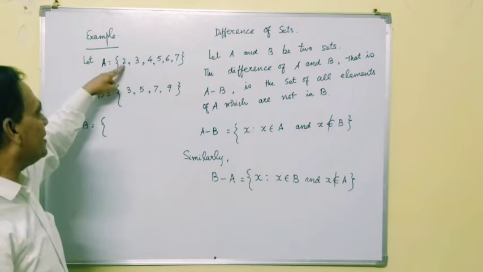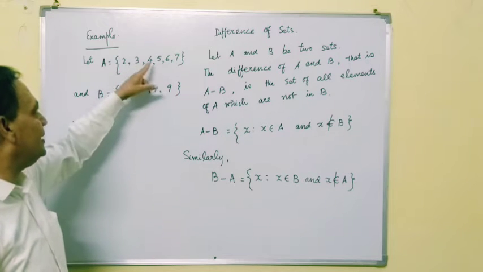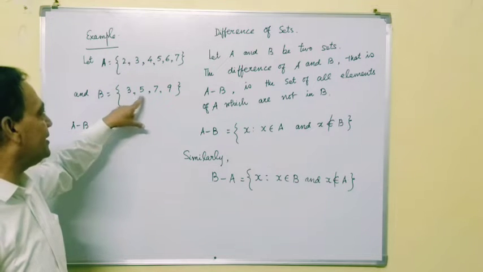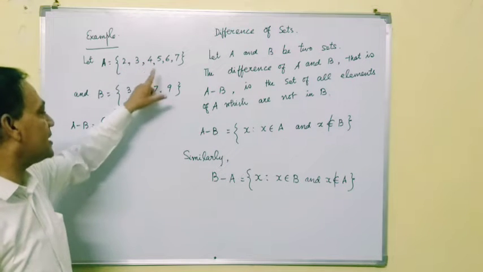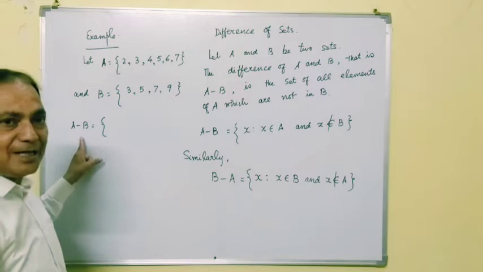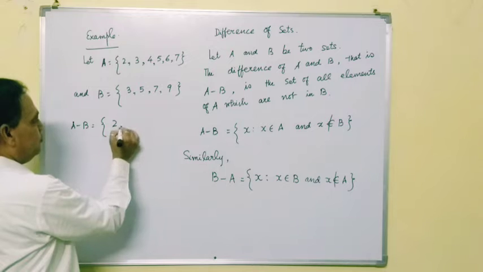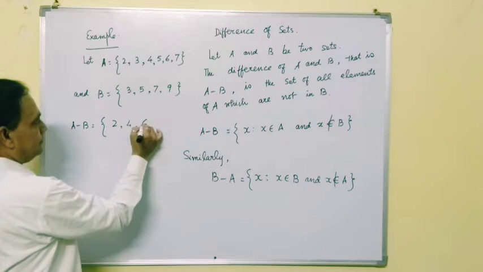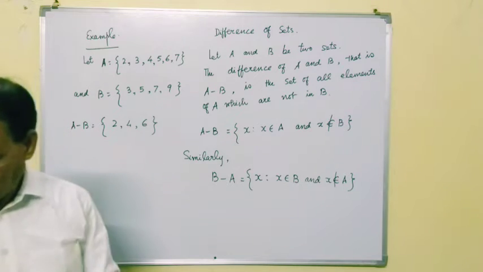Those elements are 2, 4 and 6. 3, 5, 7 are already in B. 2, 4, 6 are not in B. So in the difference of A and B, the elements will be 2, 4, 6. This is A difference B.